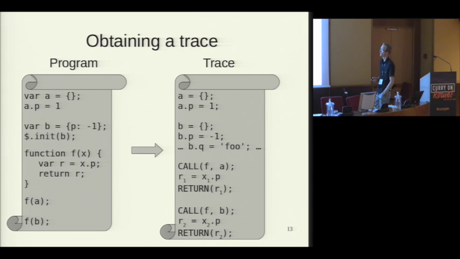Similarly, object B is allocated in the source code, and when run, it goes through this complex init function, where the point of this talk is that it's complex. But in the trace, it will eventually be clear that all that really happens that relates to B is that b.q is assigned the string value foo.